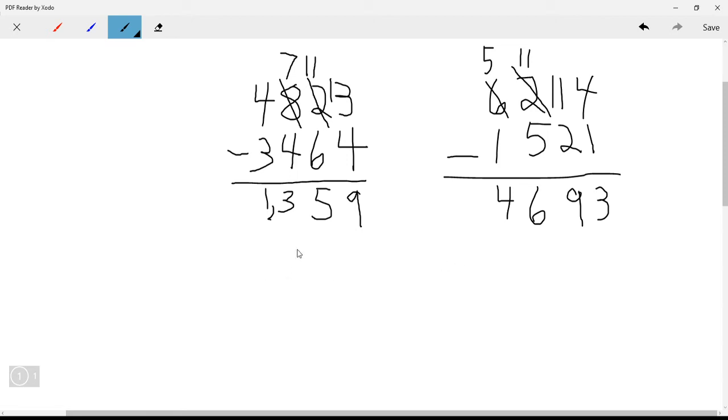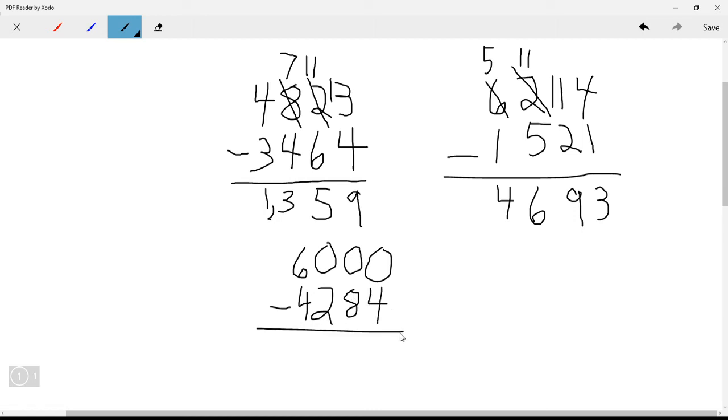One thing I want to point out is, let's say we have 6,000 minus 4,284. Okay, so now we're going to do 0 minus 4. But look at this. We have to borrow, but we can't borrow from this 0, right?